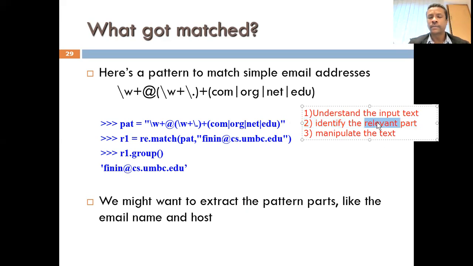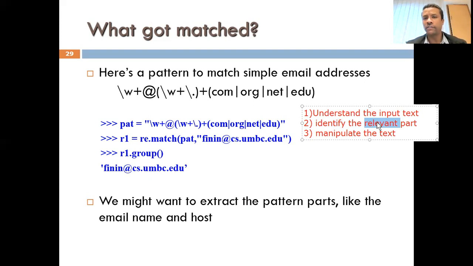For instance, the assignment that I have given you is to identify a number with a 2-digit fraction, right? So what you have to do is try to understand what that relevant part is. You have to come up with a method of understanding what the relevant part is.